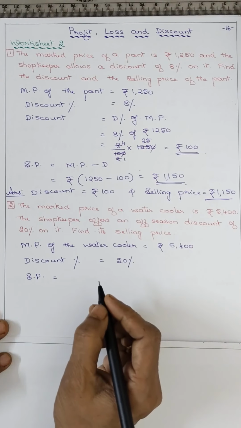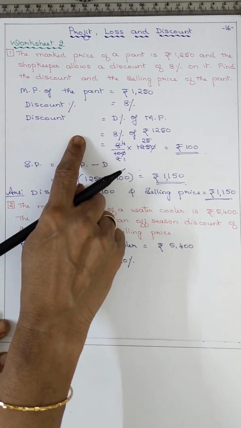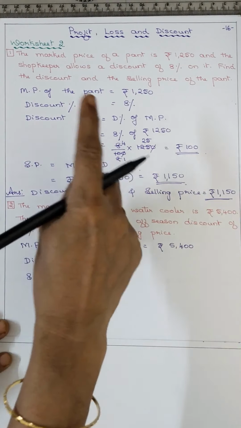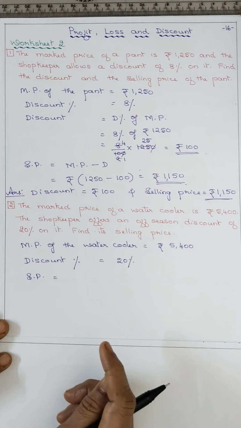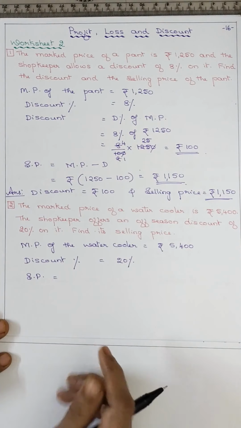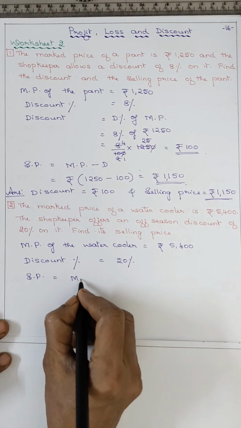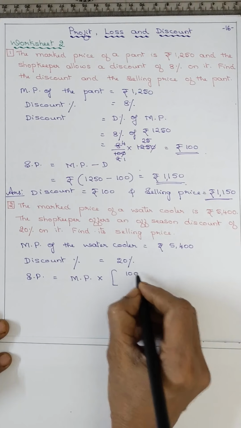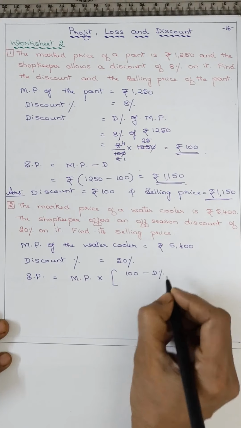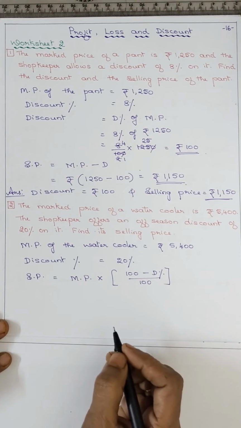Now to find out SP, you can go along according to this method also. Find the discount amount and then SP is equal to MP minus discount. Otherwise, put the formula. So SP is equal to MP into 100 minus discount percent upon 100. You remember this formula, isn't it?